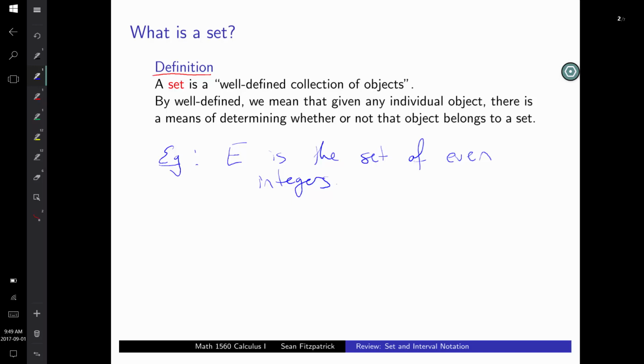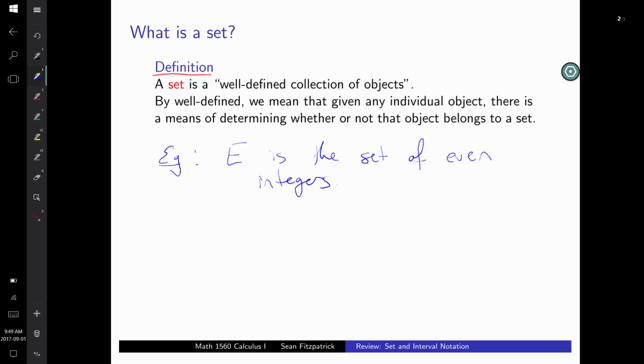I know that the even ones are the multiples of 2. So I can look at any number and first ask, is that thing an integer? Yes. Is it divisible by 2? Yes. Okay, it's in the set. If my answer to either of those questions is no, then it's not in the set, right? And we go from there.